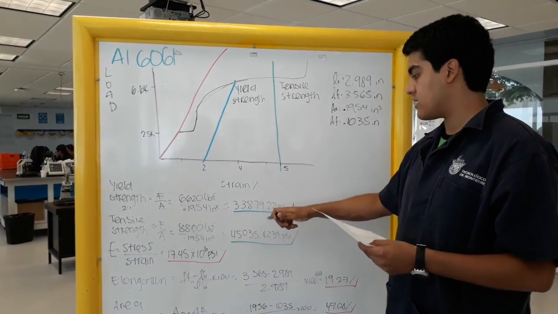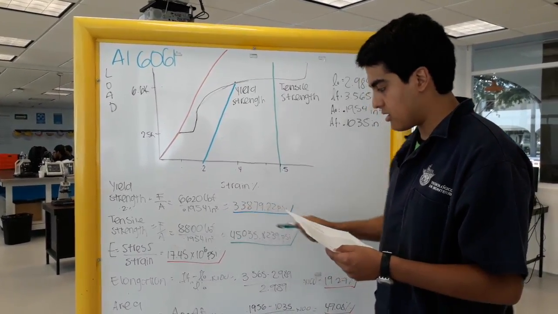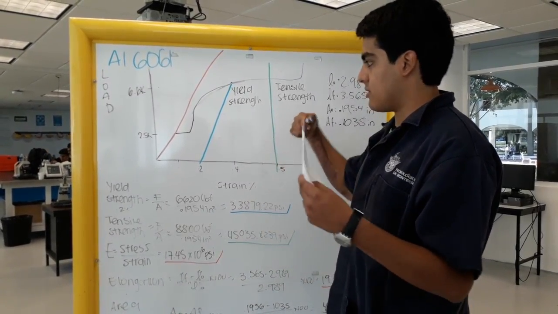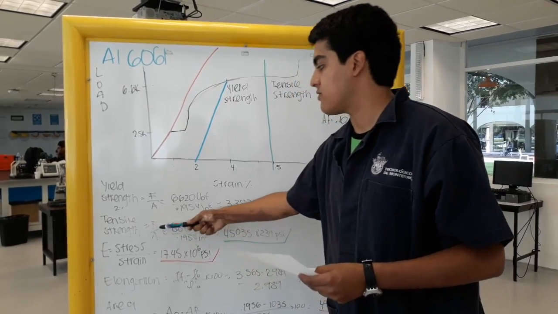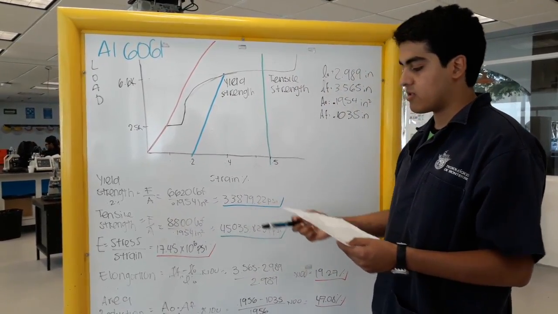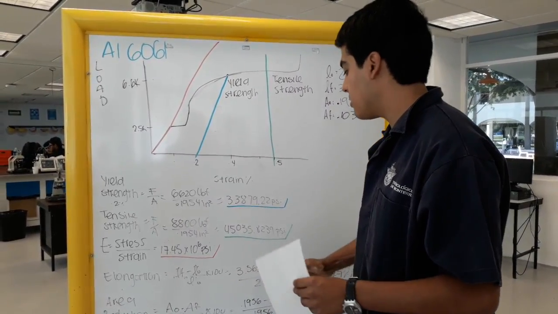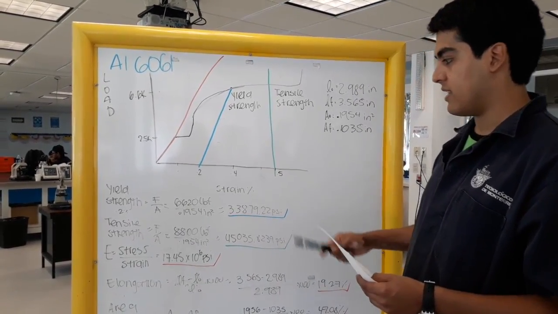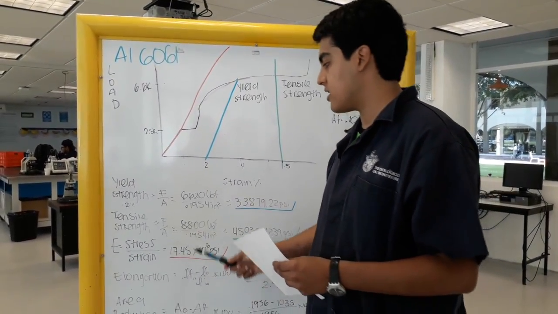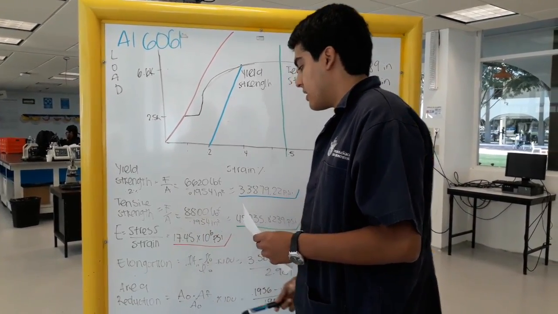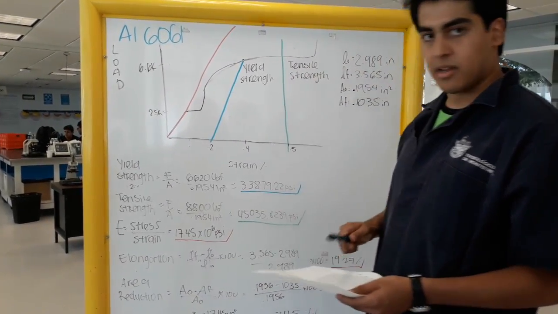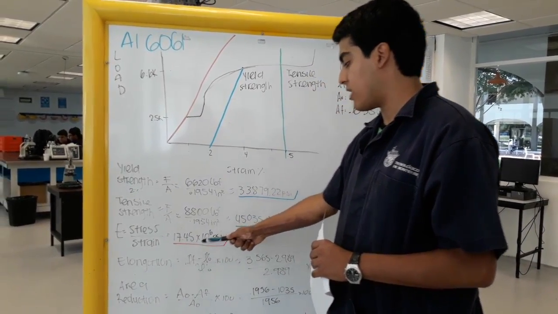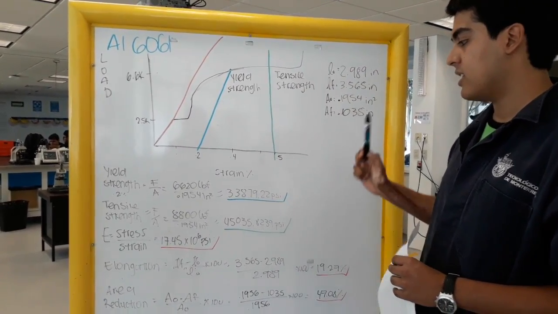The yield strength was 33,000 psi. Also, we calculated the tensile strength, that is force divided by area. We use the force that we obtained here in the table. The result was 55,000. And next, we calculate the modulus of elasticity, that is stress divided by strain. This value in the graph was 70.45 times 10 to the power of 6 psi.